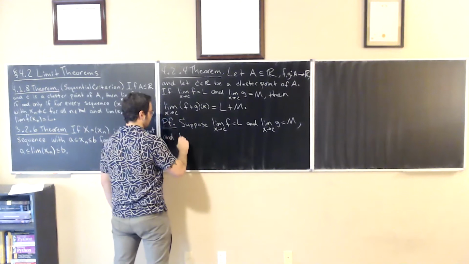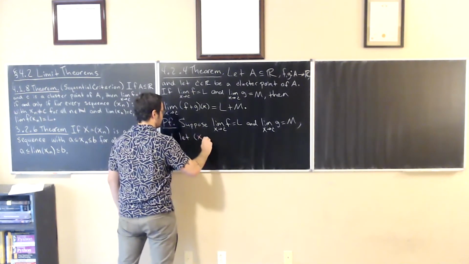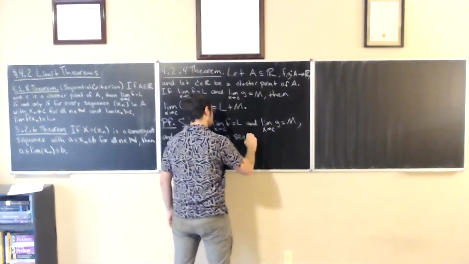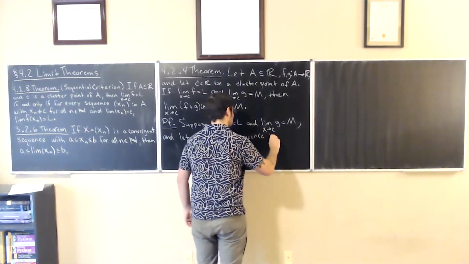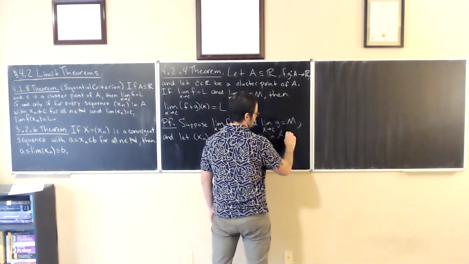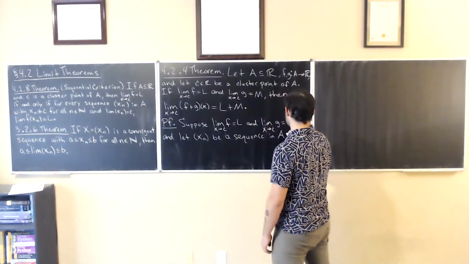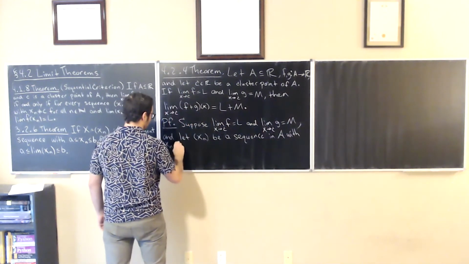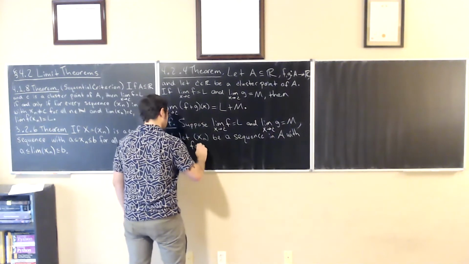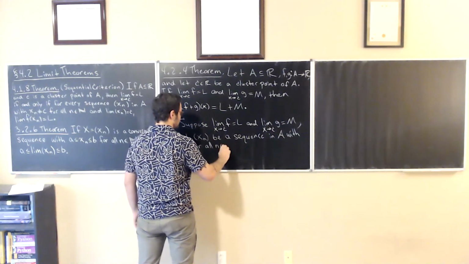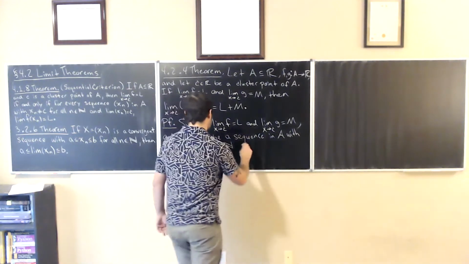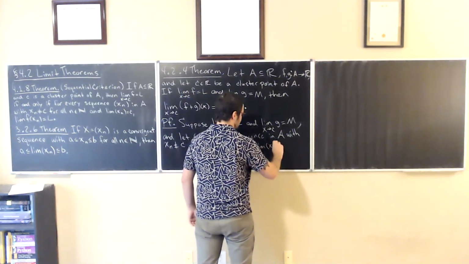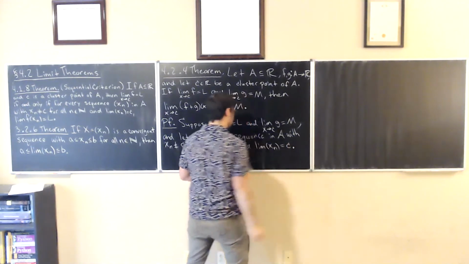And let x sub n be a sequence in A with x sub n not equal to c for all natural numbers n, and the limit as n goes to infinity of x sub n equal to c. Okay.